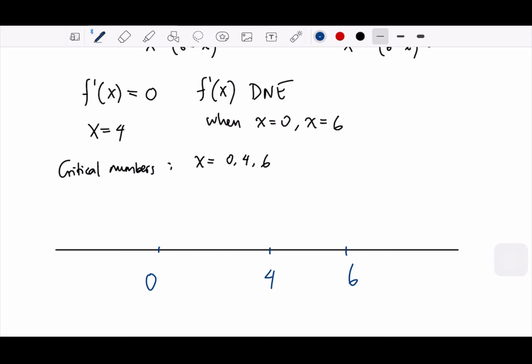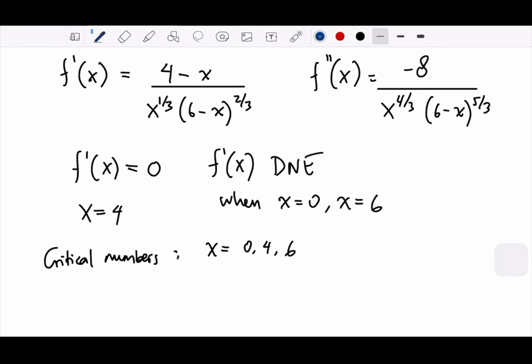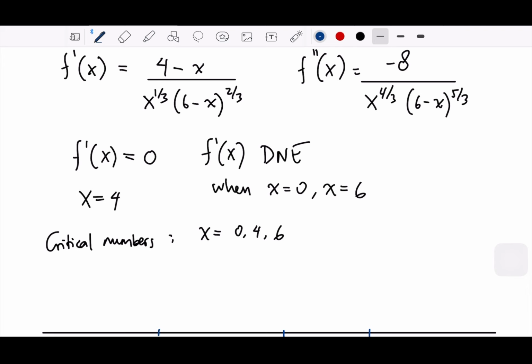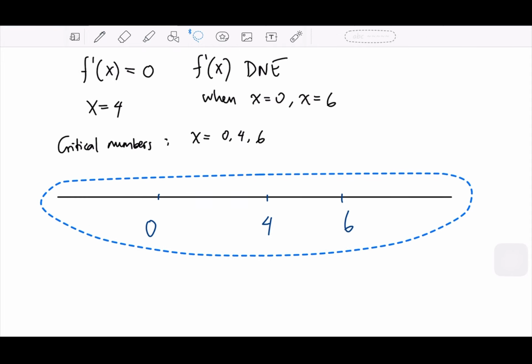When x is less than 0, which means it's negative, if we put a negative number inside the first derivative, the top one is positive and the bottom one will be negative. So it will be negative for the left part.